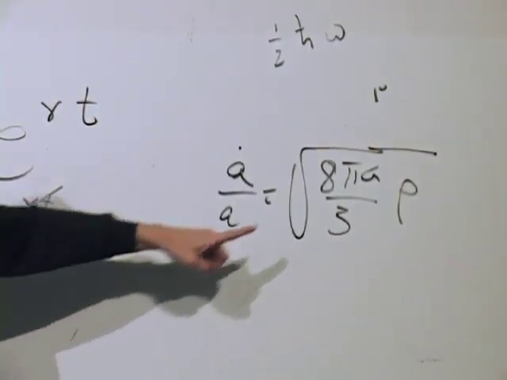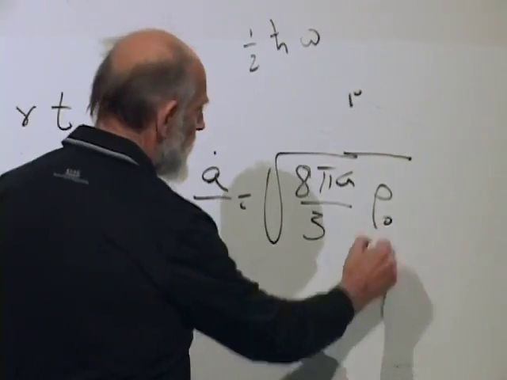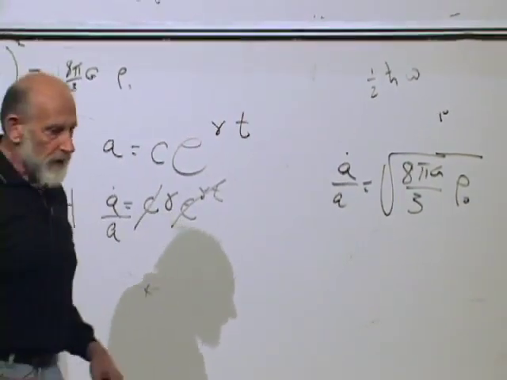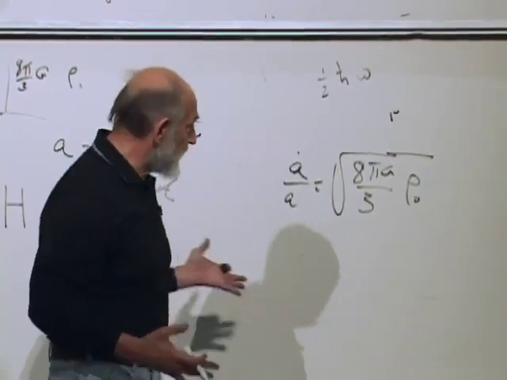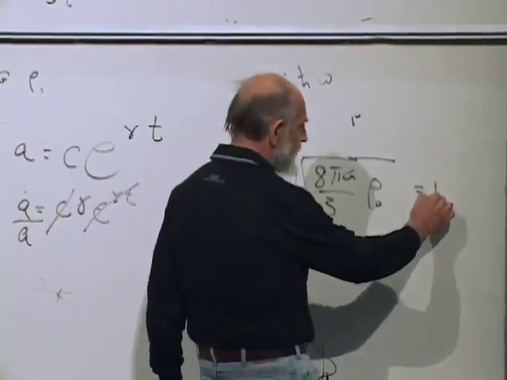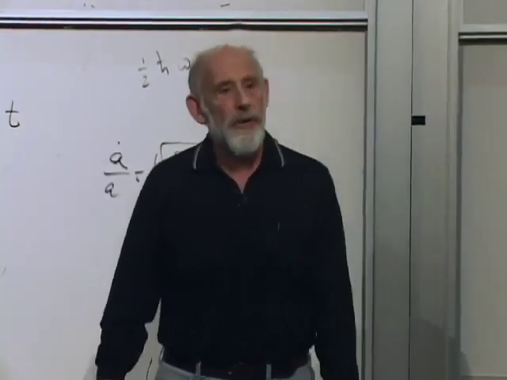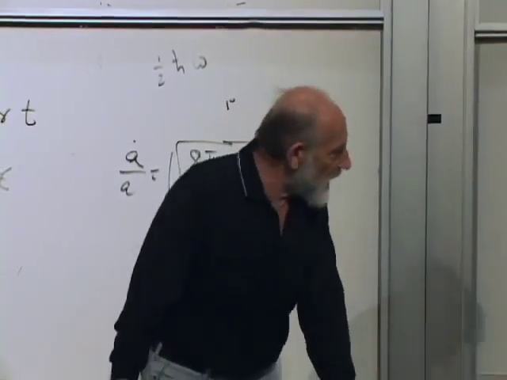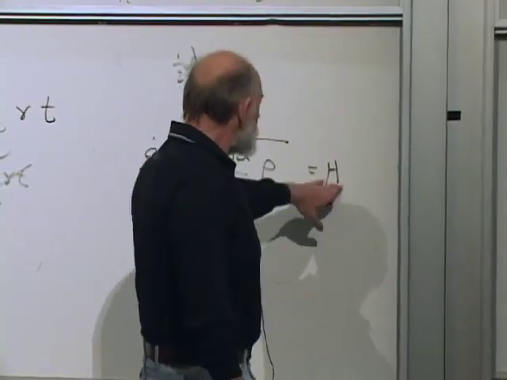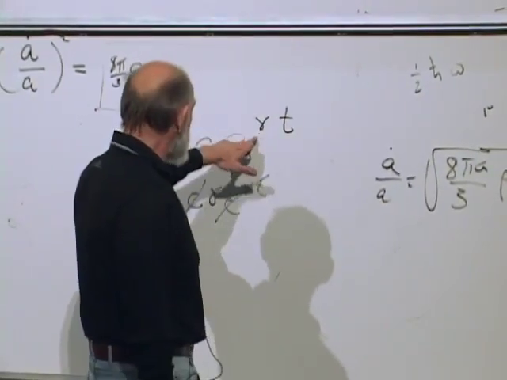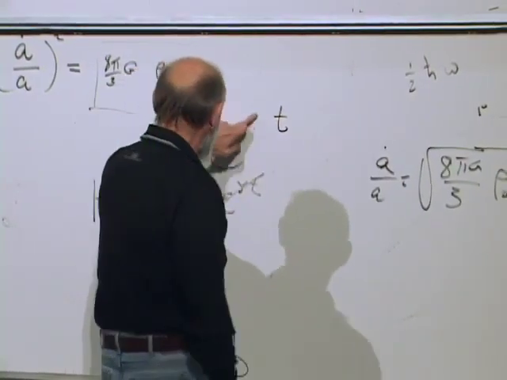So the Hubble constant is just the square root of 8 pi G over 3 times the vacuum energy. That's H. All right, so there's a definite connection between this vacuum energy on the one hand and the Hubble rate of expansion. It's the thing that goes in here.